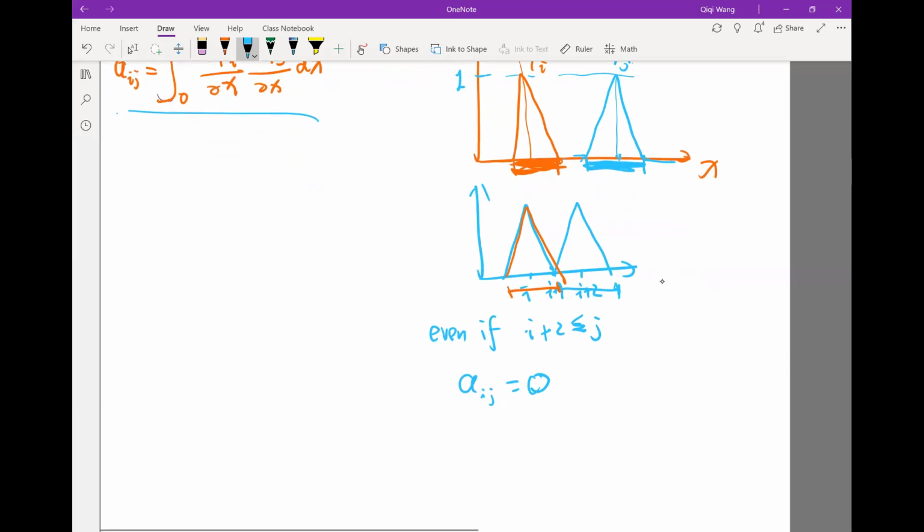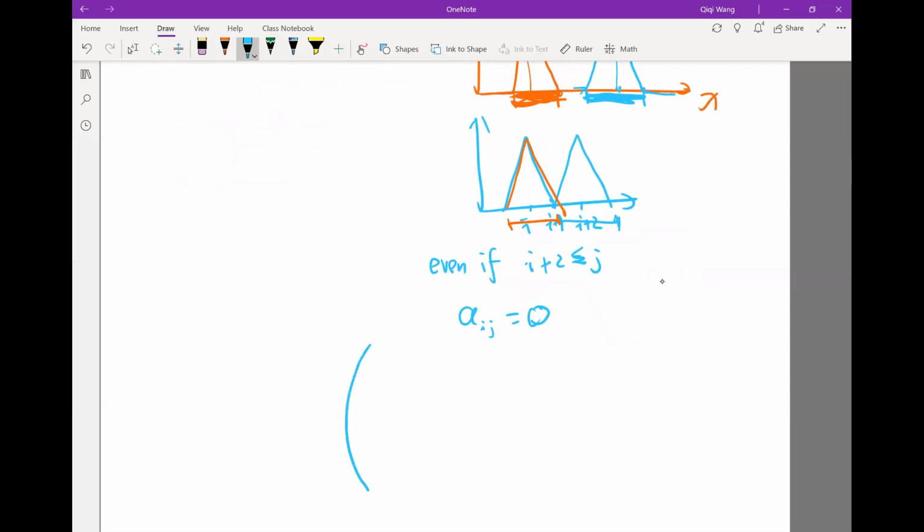If you look into the matrix, you can already see the sparsity structure. I don't know about Aii yet, so it's a question mark. When i and j are one element, one node apart, I also don't know. But as soon as they are two elements apart, two nodes apart, I know they are 0. So it's going to be 0 all the way. On the diagonal, I don't know. On one element shifted, I also don't know.